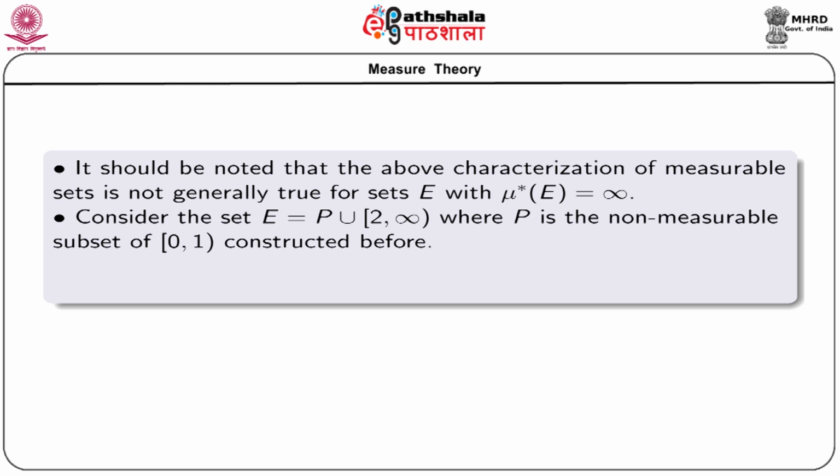For example, consider the set E obtained by taking the union of two sets P, where P is the non-measurable subset of closed 0 1 open, which we had constructed in the last module, and closed 2 infinity open.